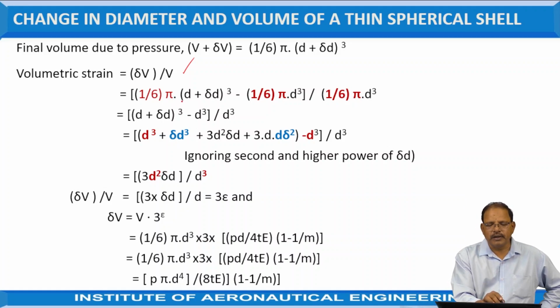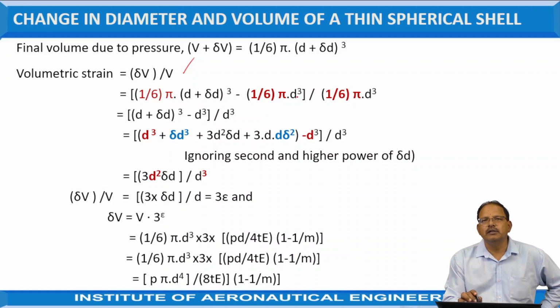Here 1 by 6 pi is the common term in numerator and denominator. The remaining is D plus delta D whole cube minus D cube divided by D cube. Expanding D plus delta D cube, we get D cube plus 3D square delta D plus 3D delta D square plus delta D cube minus D cube divided by D cube.